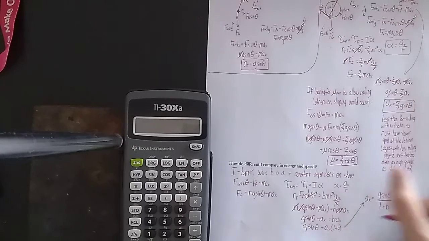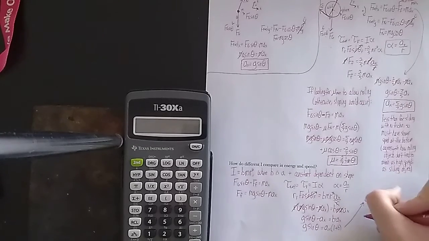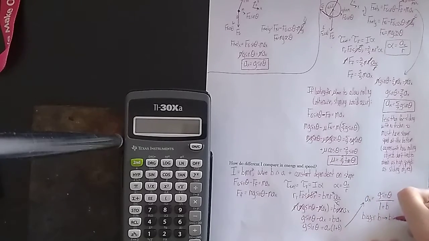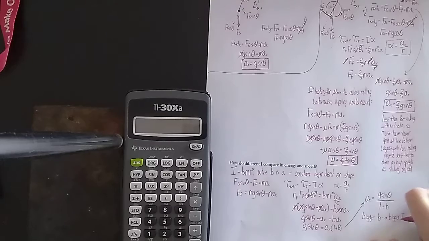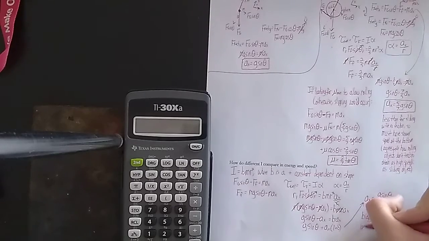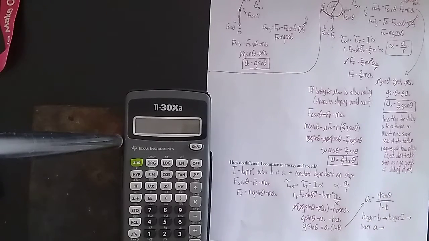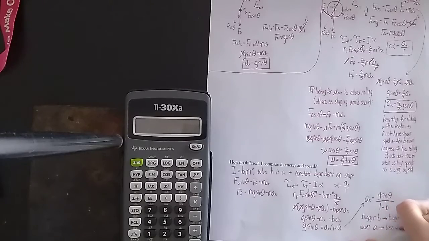So, because b is down here, a bigger b leads to a bigger moment of inertia, which leads to a lower acceleration. And you can think from your kinematics equations, if the acceleration is lower, that leads to less speed.